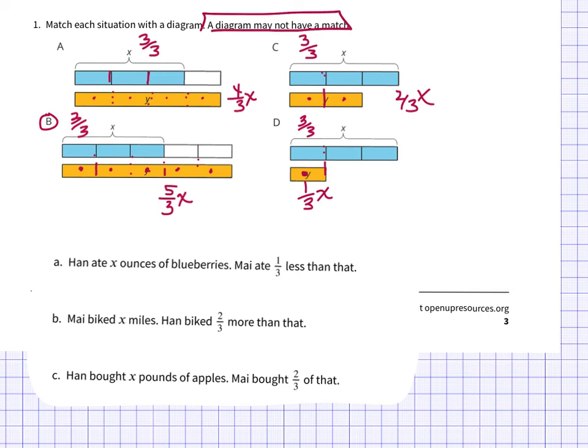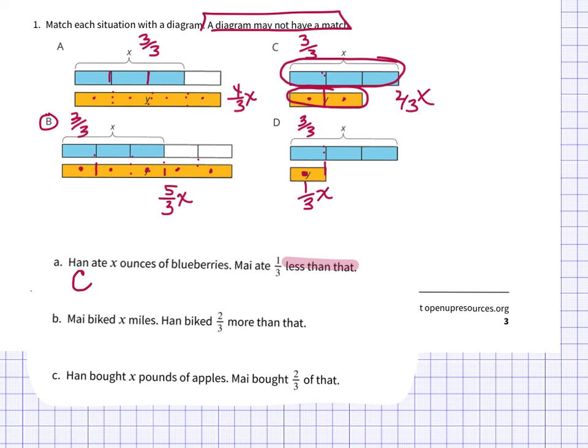Not 1/3 of it, but 1/3 less than that. So as I look at those diagrams, which one am I going to choose? Well, which one is 1/3 less than the original one? Well, I think it's diagram C, right? That was 3/3. Here's 2/3. So 1/3 less than that. So letter little a would match with capital C.